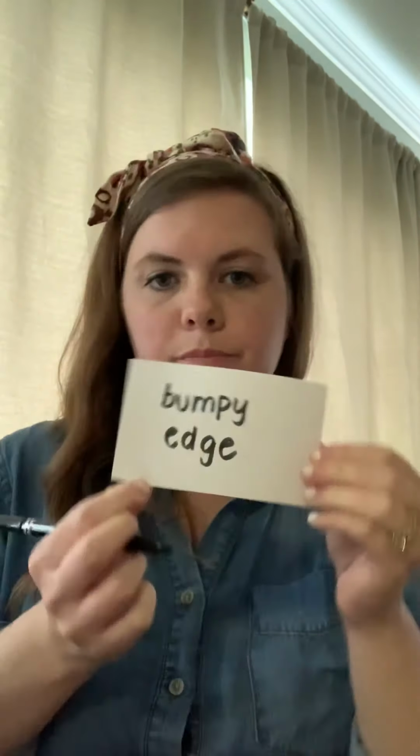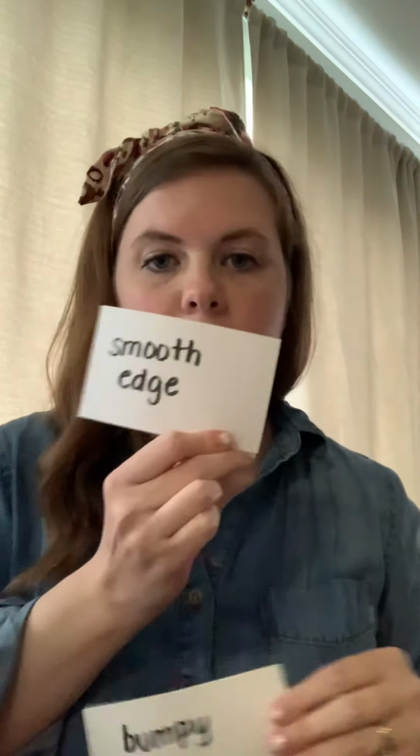smooth edge and bumpy edge. So under my green pile, I now have bumpy edge and smooth edge.